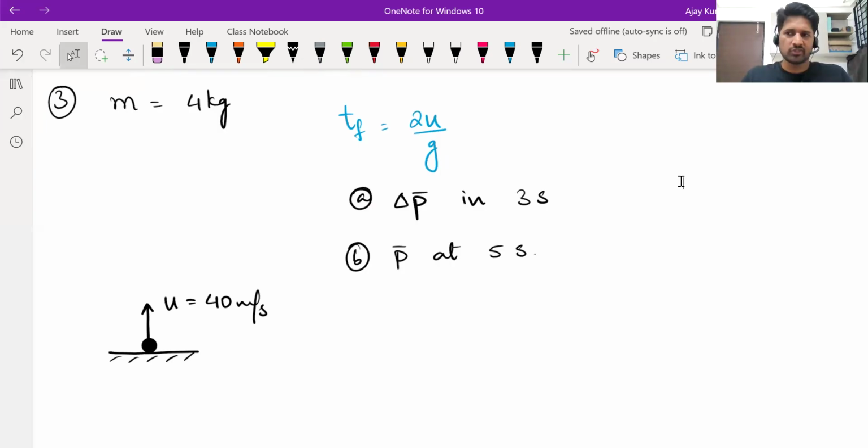So this is a case of motion under gravity in one dimension. Equations of kinematics are applicable. Acceleration due to gravity is constant. Okay. Solve this quickly.